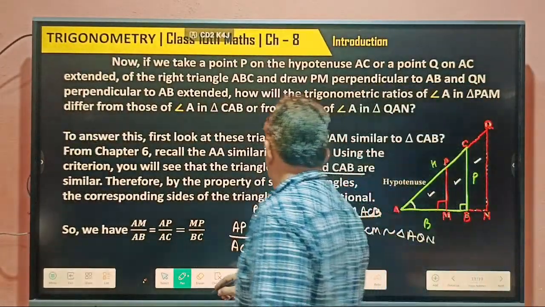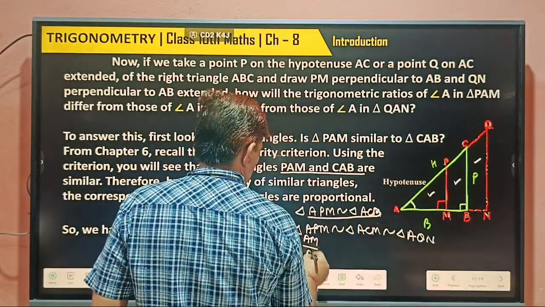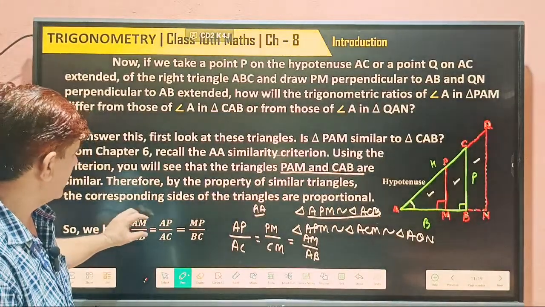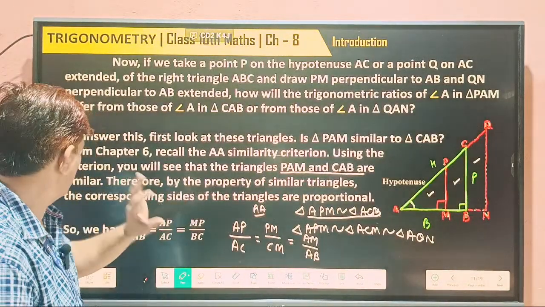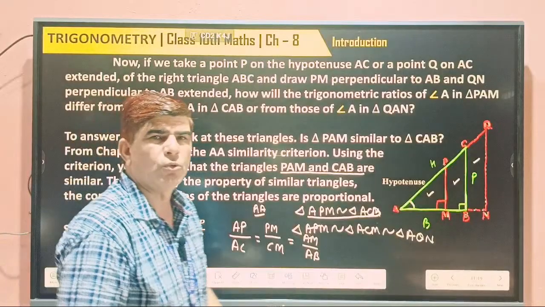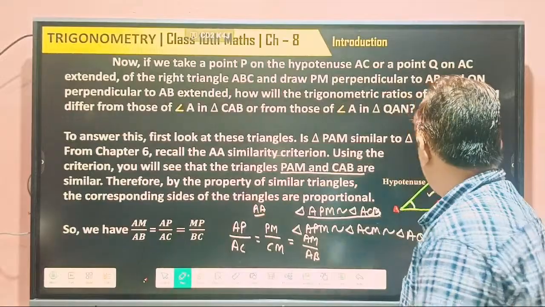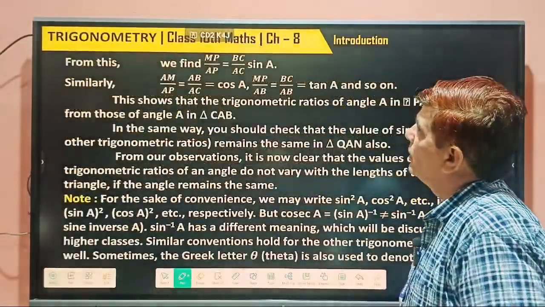So AM by AP, AM by AB, AP by AC, MP by BC. If two triangles are similar, their corresponding sides are in the same ratio. Next.